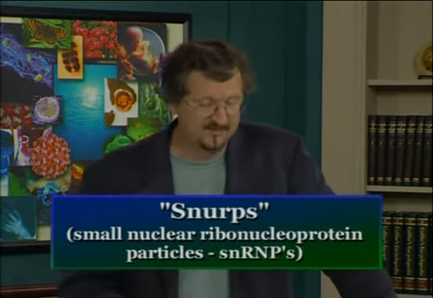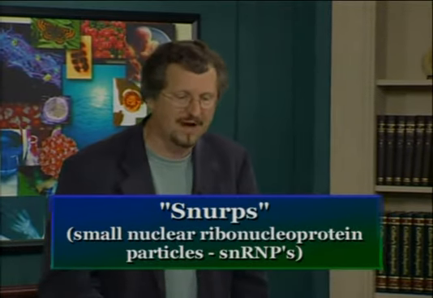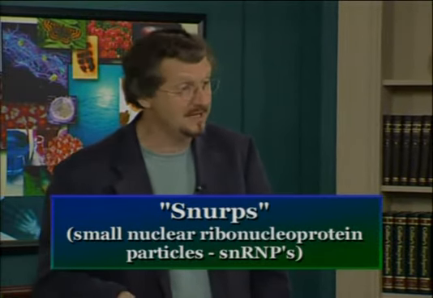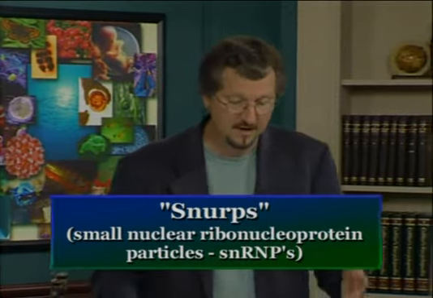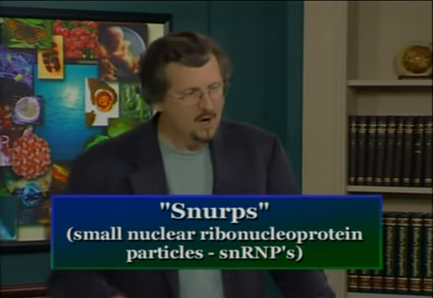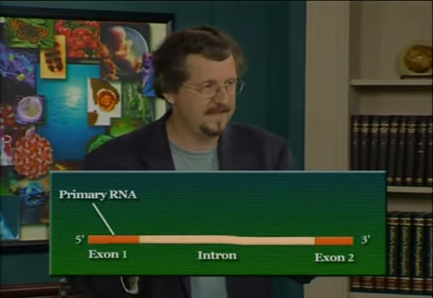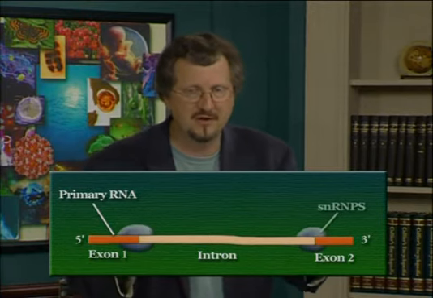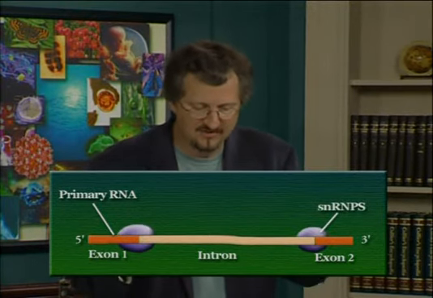These units are referred to by the somewhat amusing name of SNRPs, which stands for small nuclear ribonucleoprotein particles, or snRNPs. What happens first is that two SNRPs find the boundaries of an intron. They identify those regions that are the boundaries of an intron at either side.